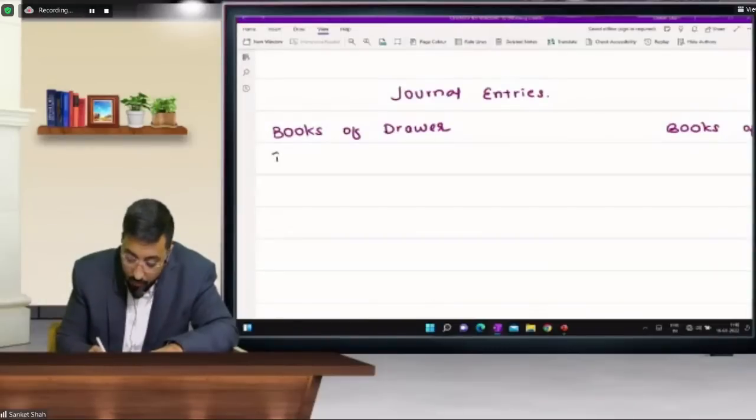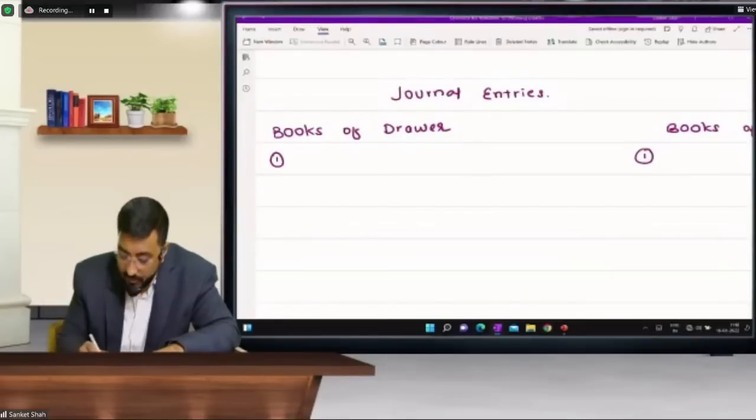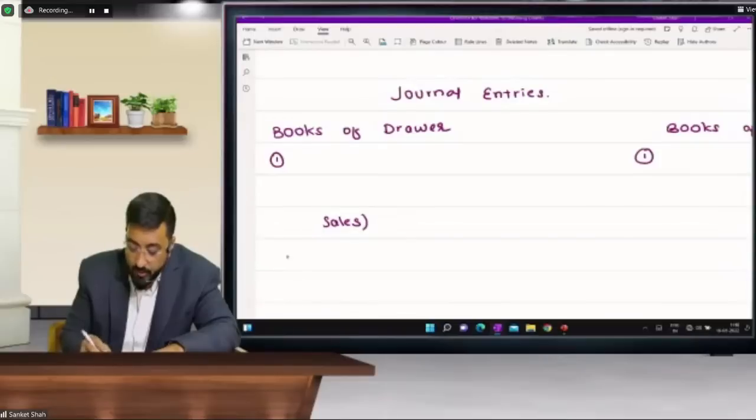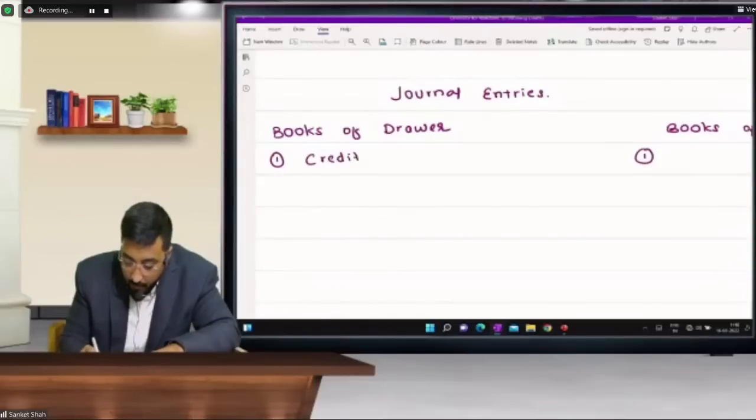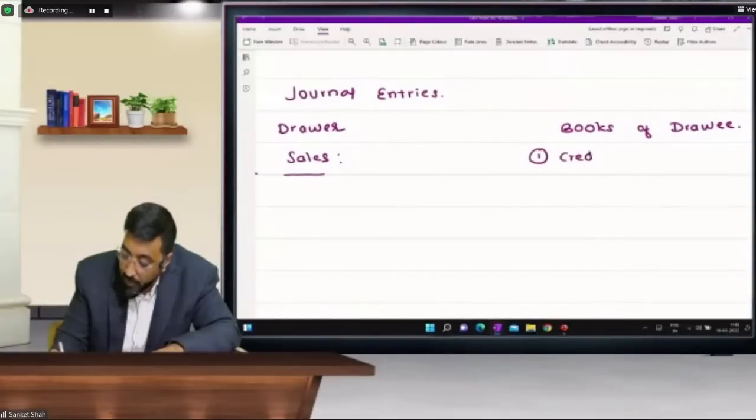Books of drawer, beta, number 1. First entry is of sales. Okay, sir, what is the sales entry? Credit sales, but obviously. Number 1 is credit sales, and here it is credit purchases.